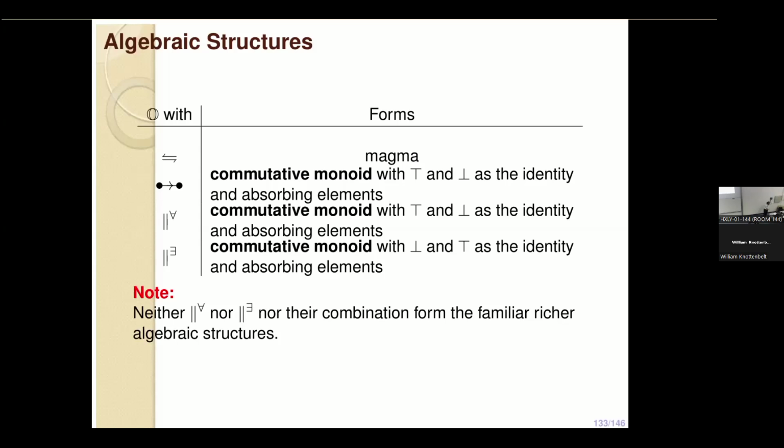If you're an algebraist, you would like to know what the combination of those things is. Because first-to-finish and last-to-finish don't combine in distributive ways, you don't get the richer algebraic structures.